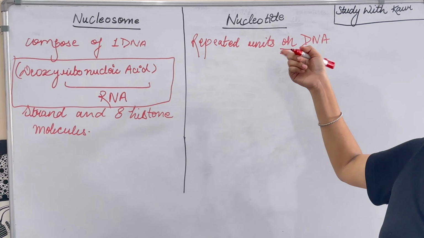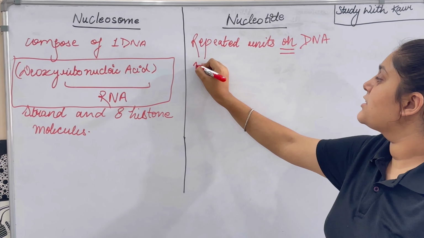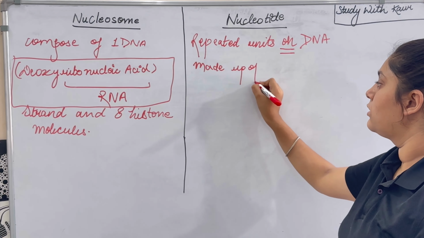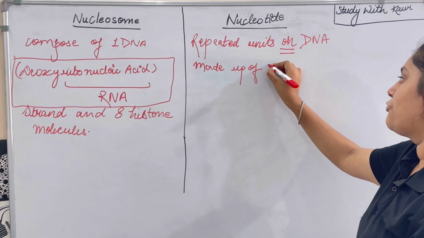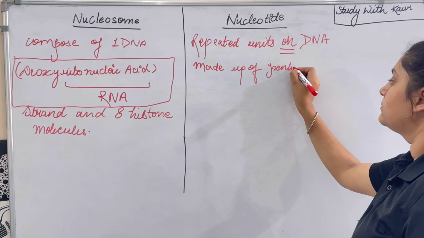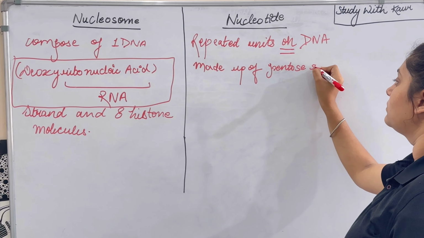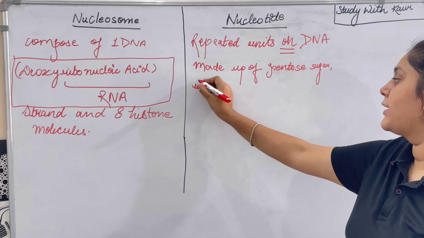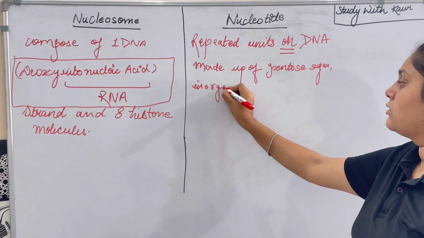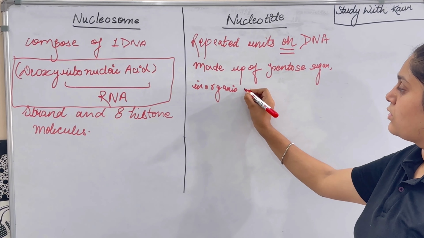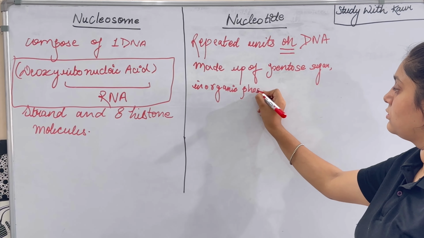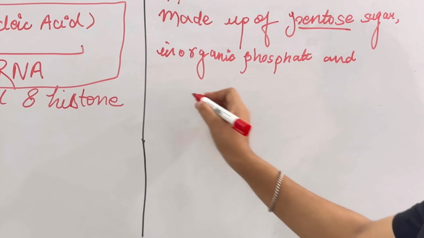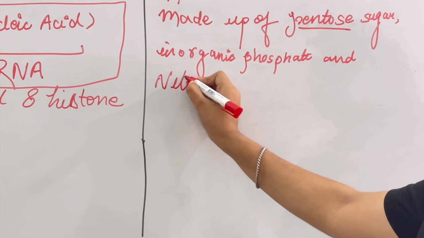Deoxyribonucleic acid is made up of, I'll show you the diagram also, pentose sugar, inorganic phosphate, and nitrogenous bases.